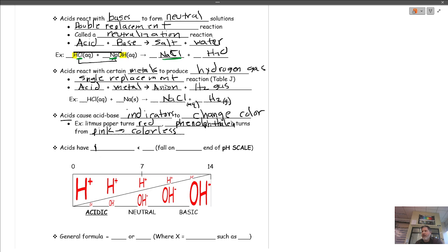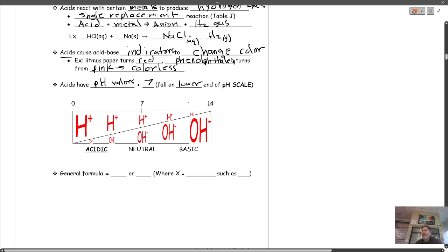Acids have pH values, which we'll talk more about below. The pH value is less than 7, so there'll be low numbers. And it's weird because you get really acidic, but that's a low number, so it'll be less than 7. They fall on the lower end of the pH scale. Now the way the pH scale works is not as clear cut.